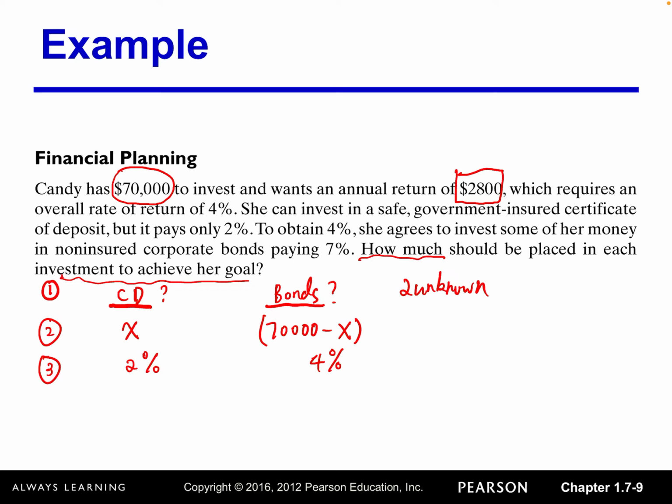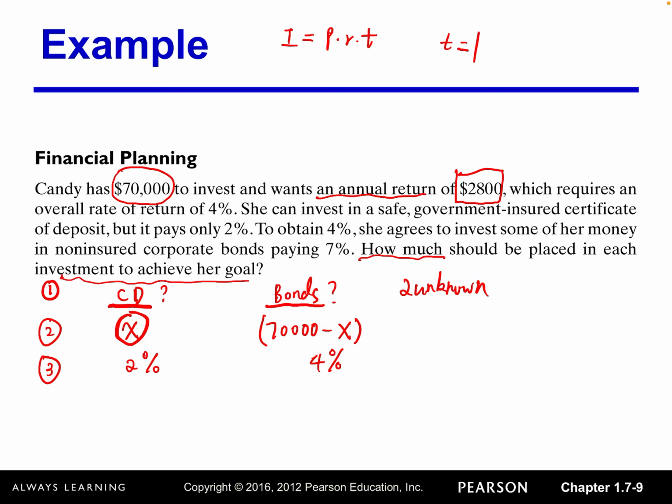So remember how to calculate the interest: I equals P times R times T. How much interest did we make for the CD? You should use principal times interest rate. We assume T is just 1 year, annual return, so T equals 1.